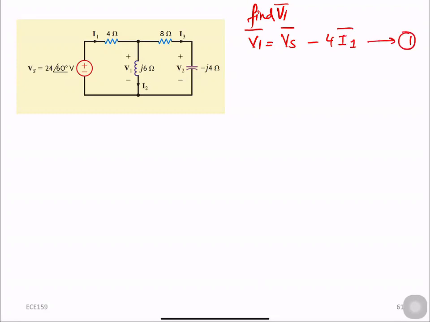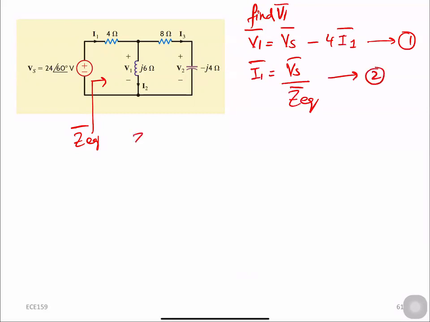I1 is the current which is flowing here, right? So we need to find out I1, which is nothing but the source voltage divided by the equivalent impedance for this whole circuit by looking from here, right? So which means that we need to find out what is the equivalent impedance for this whole network.